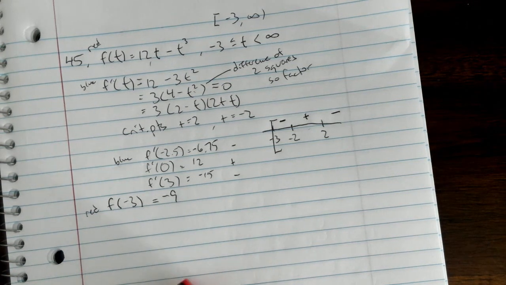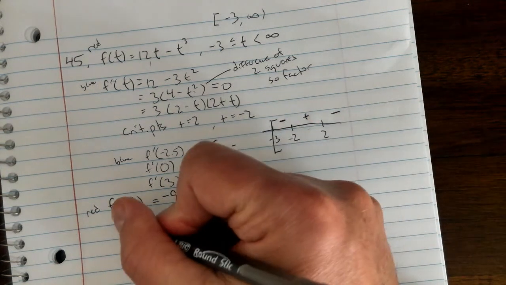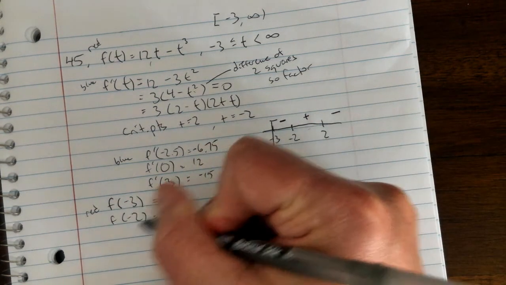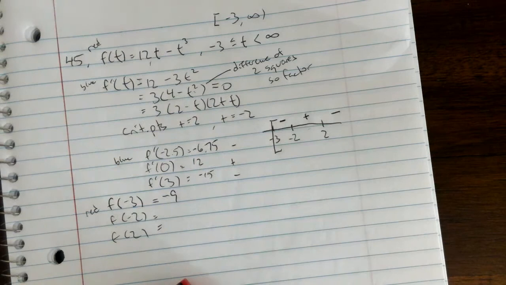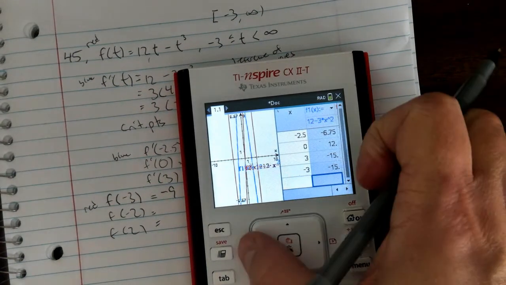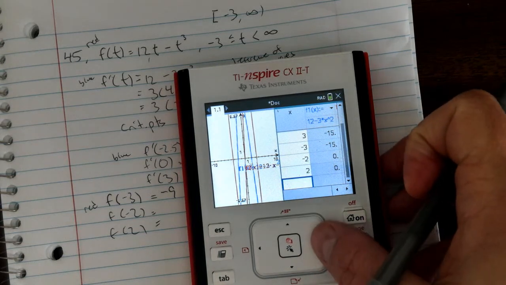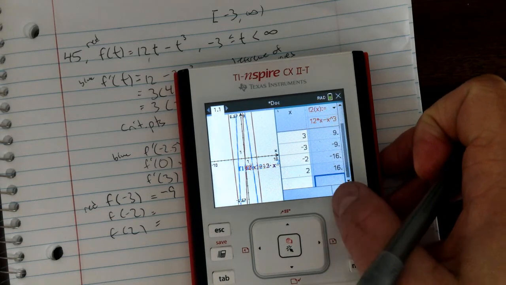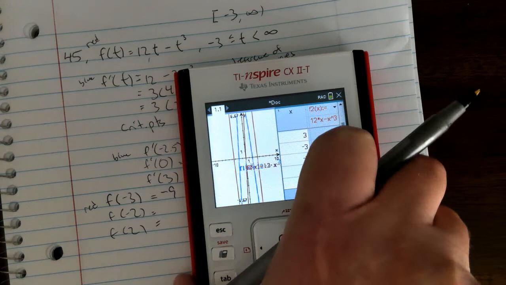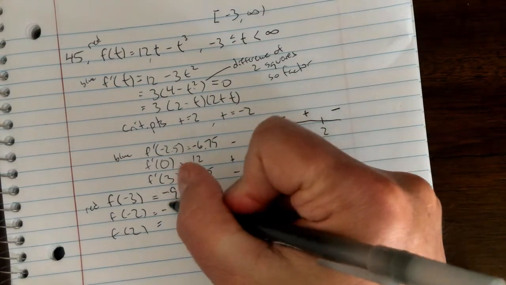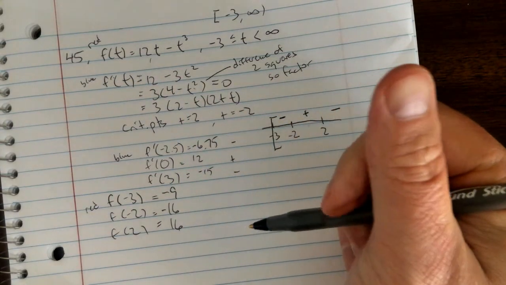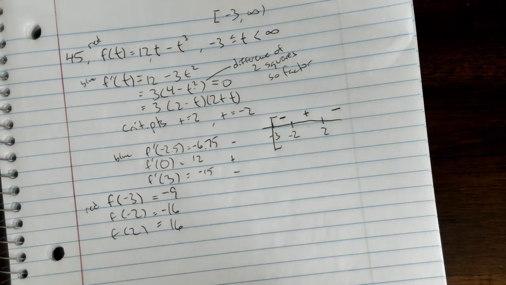We also need our negative 2 and our positive 2. So negative 16 and 16. Okay, so those are the important numbers.